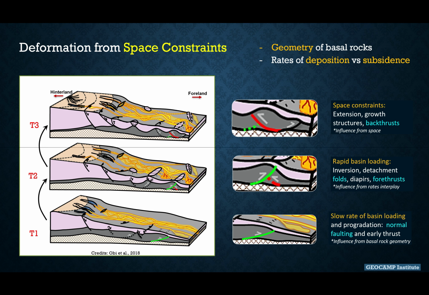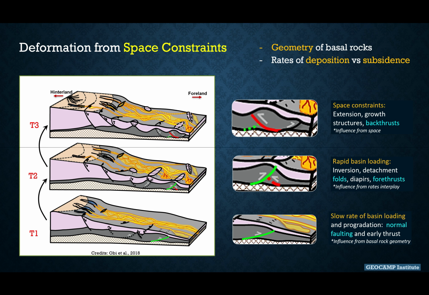At time t2 we had this fault thrust and we had this gentle back thrust fault that is developing, but at time t3 we see that the back thrust has become the dominant fault, while the pre-existing fault thrust is now the minor one.